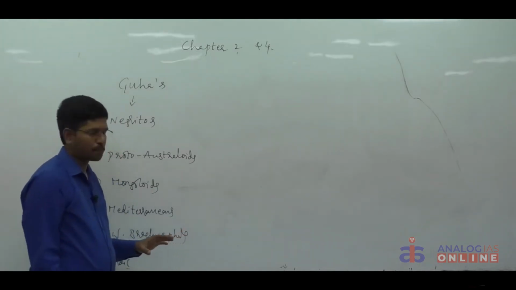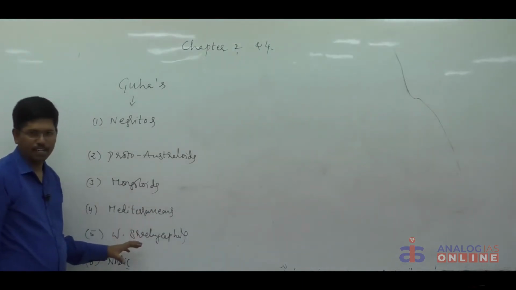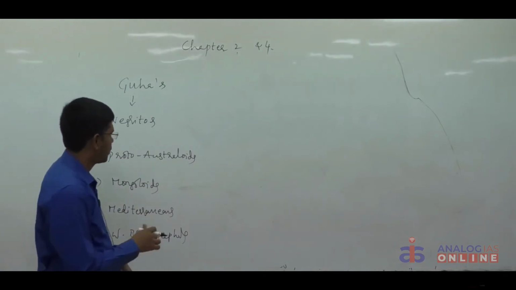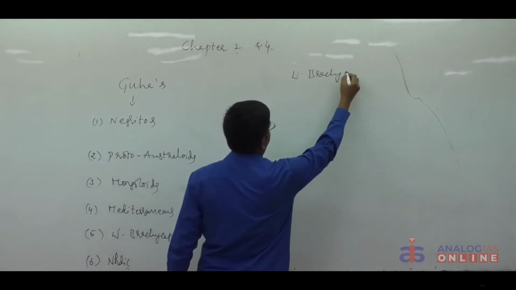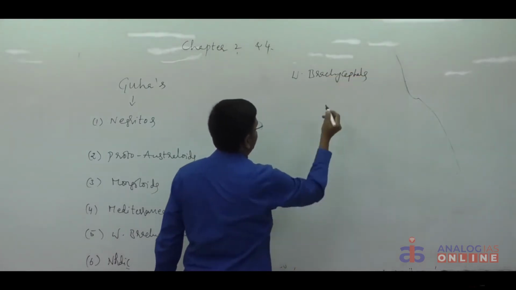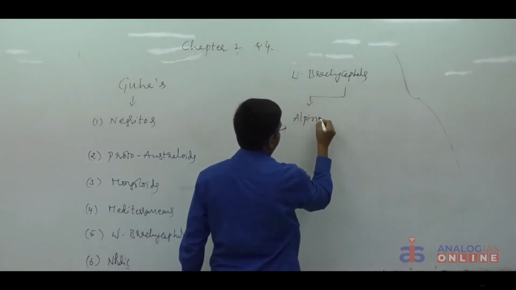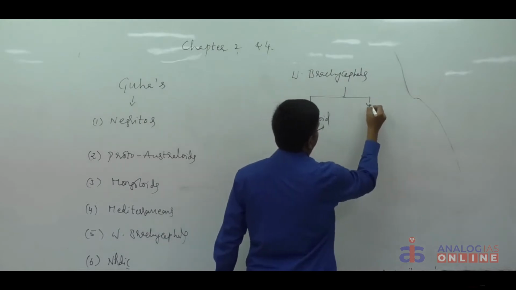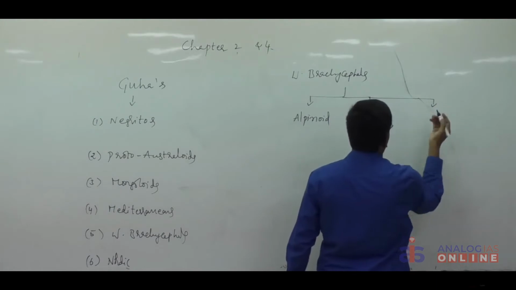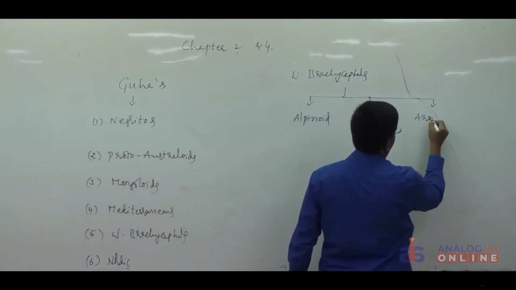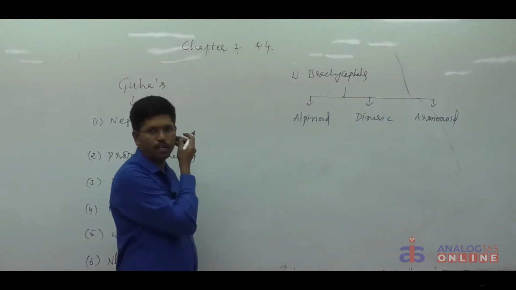Western brachycephals are the people who are living in the western part of India and they are characterized by the presence of broad heads. Here in Western brachycephals also they are divided into three elements. They are alpinoid, dinaric, and armenoid.